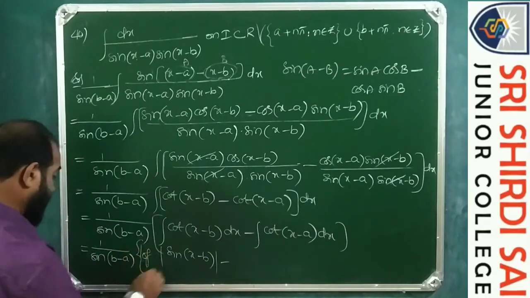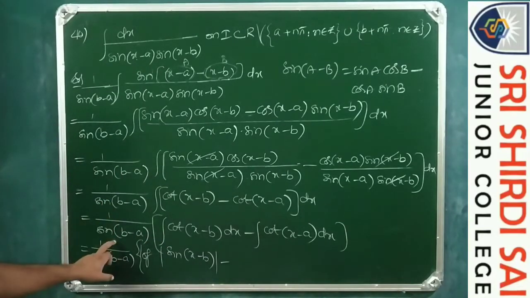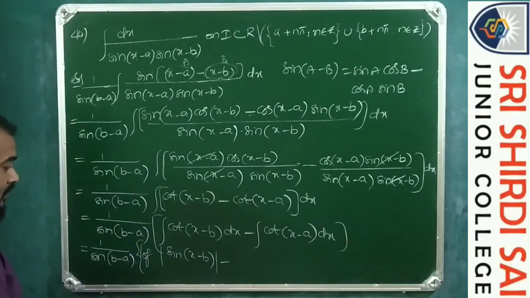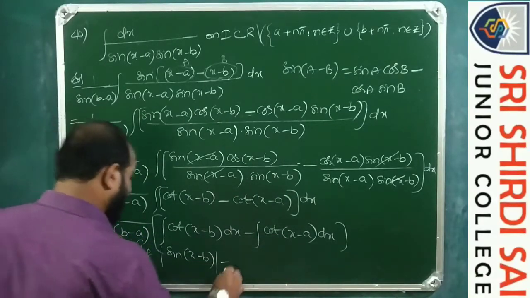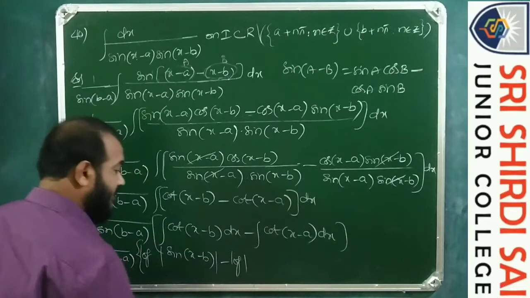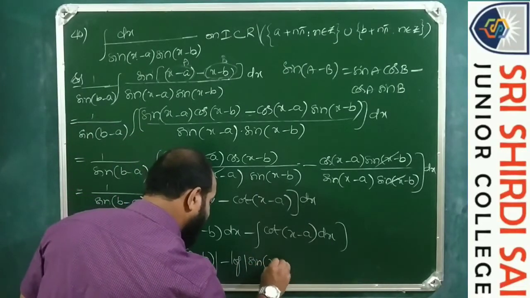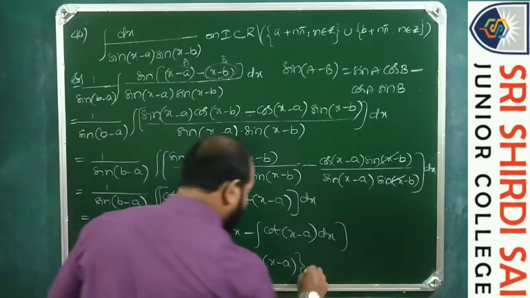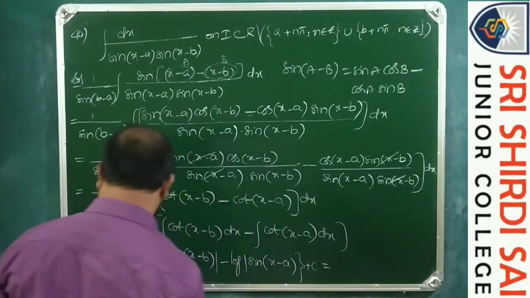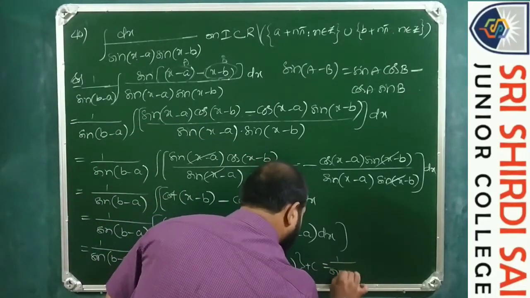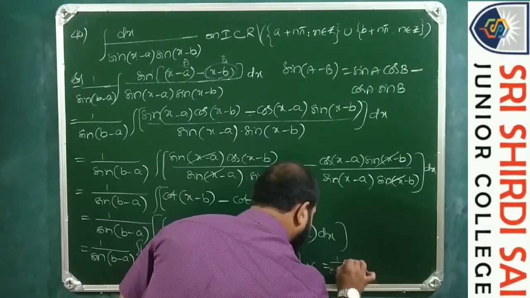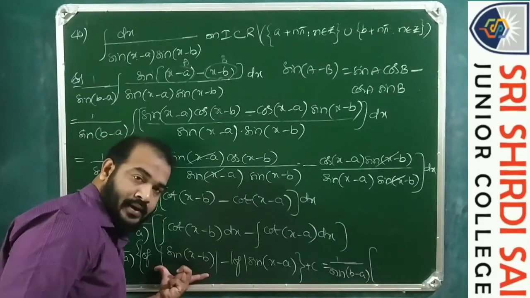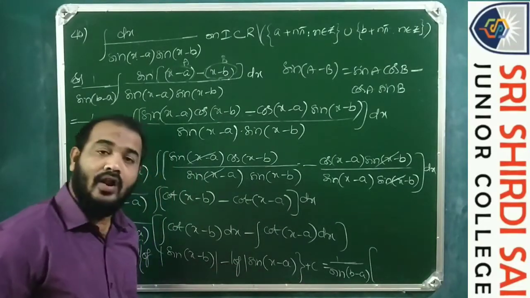Minus, so 1 by sin(b minus a) is being multiplied with both the terms. So integral cot(x minus a) dx is log mod sin(x minus a) plus constant of integration c. This is equal to 1 by sin(b minus a) into, we know log a minus log b is log a by b.